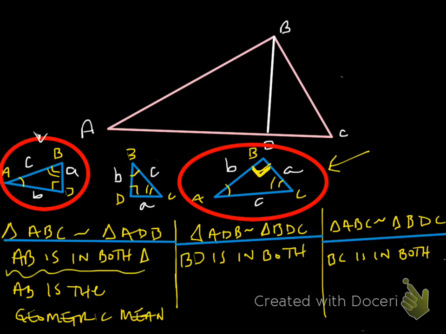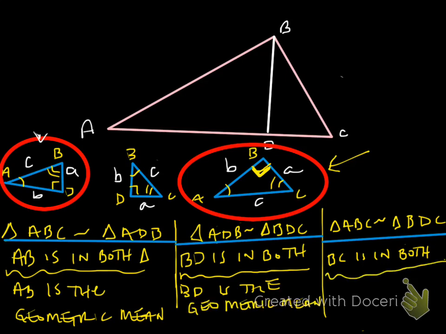Because AB is in both, it's the geometric mean. Because BD is in both, BD is the geometric mean. And then because BC is in both, you should have gotten the hint now. BC is the geometric mean. Should have seen the pattern.